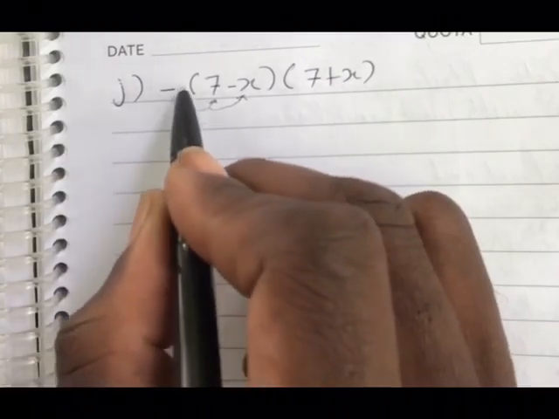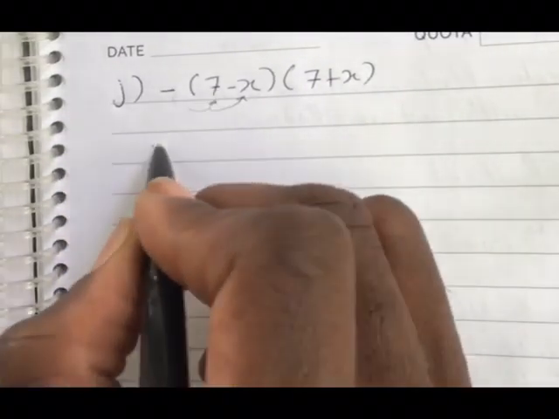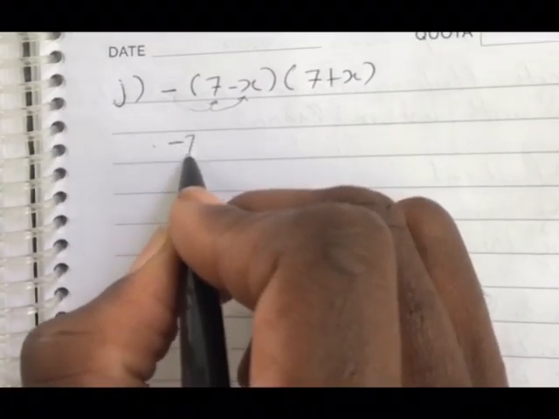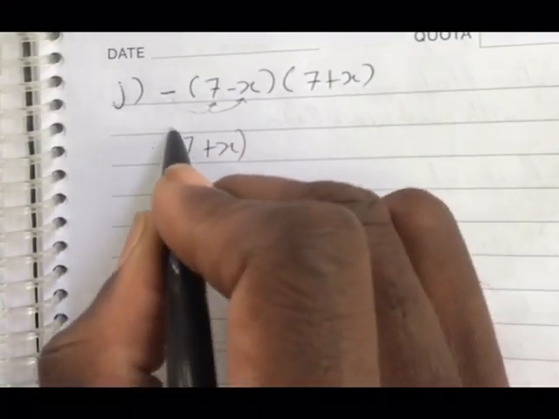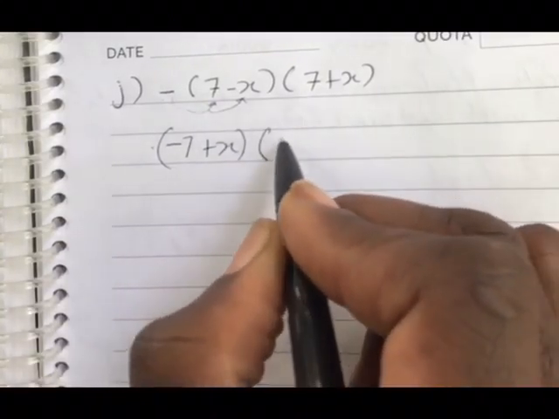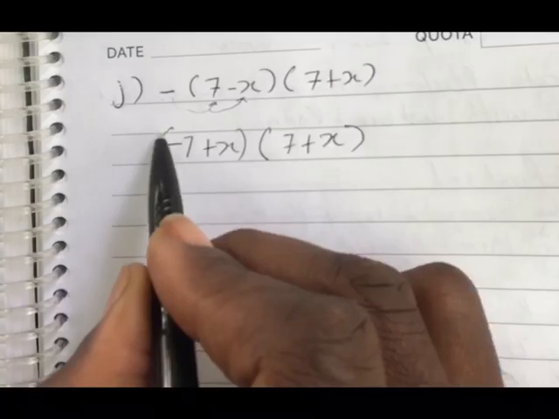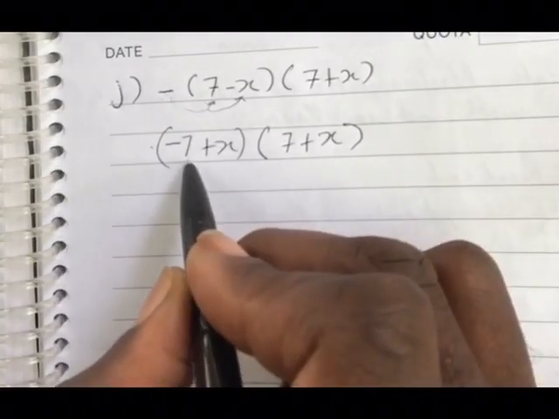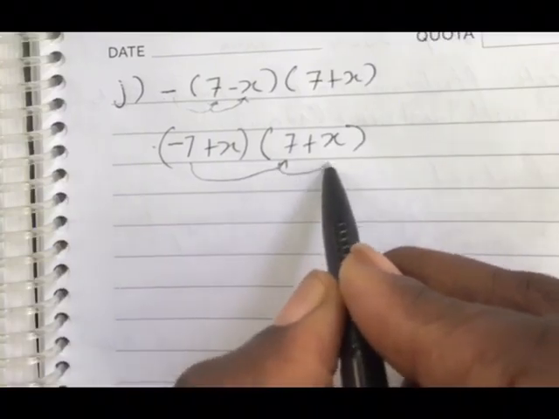So negative 1 multiplied by 7, we have negative 7 plus x, multiplied by (7 plus x). Negative 7 multiplied by 7 and also multiplied by x.